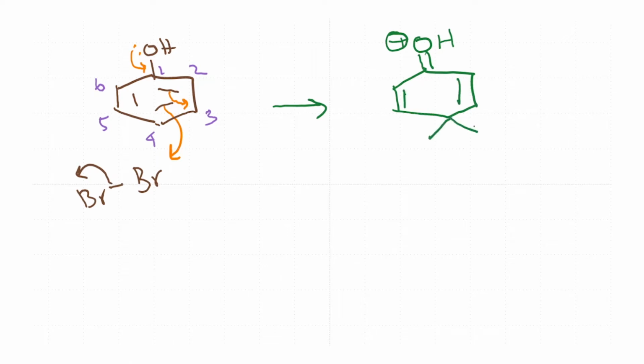And carbon 4, which used to have only the hydrogen, now also has a bromine. Okay, so let me just do the numbering once again. 1, 2, 3, 4, 5, and 6. Okay, and there is a full positive charge on oxygen.